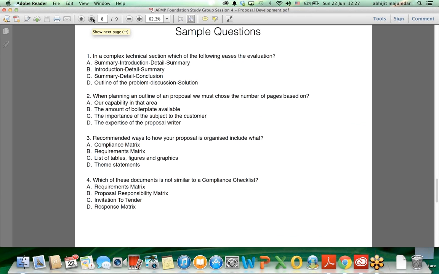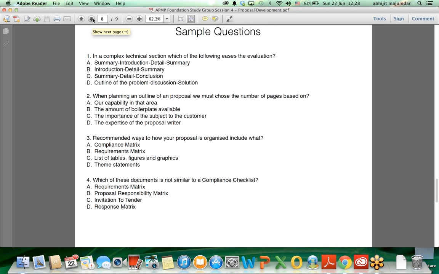Then this is the detail of that information, whether it is the solution or your capability. And then the conclusion says why the solution or the capability you have stated in the detail not only matches the expectation or the summary of the requirements of that particular section, but also discriminates and distinguishes itself from the others in the competition. So the summary, detail, conclusion way is the right way as per the best practice in proposal outlining.